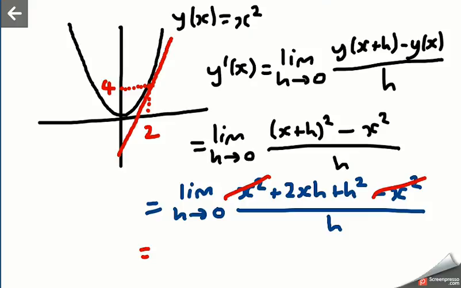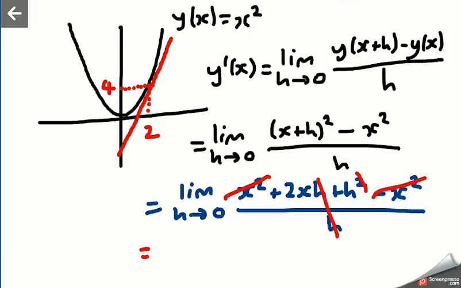Well, for all non-zero h, we can actually cancel these h's off. So we can cancel these guys, and then we cancel one of the powers. So 2xh divided by h is 2x, and h squared divided by h is just h. And of course 2xh plus h squared divided by h is the same as 2xh divided by h plus h squared divided by h.